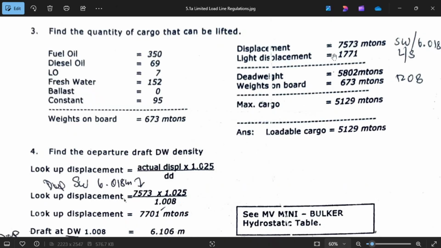So less it with your displacement, then you will have your dead weight of 5802 minus your non-cargo weight or your ROB or weights on board, which is 673. Then you less this one with your dead weight, then you will have your maximum cargo to load. This will be your maximum cargo to load of 5129, or the answer is loadable cargo is 5129, which is this one, guys.